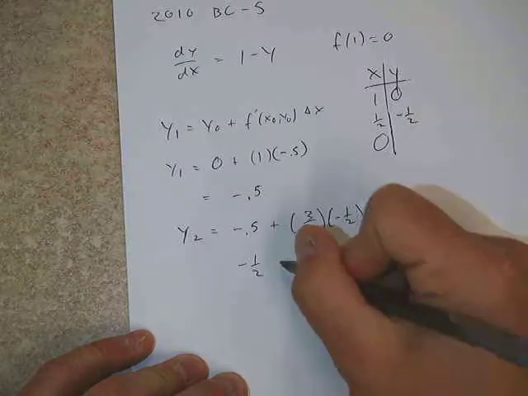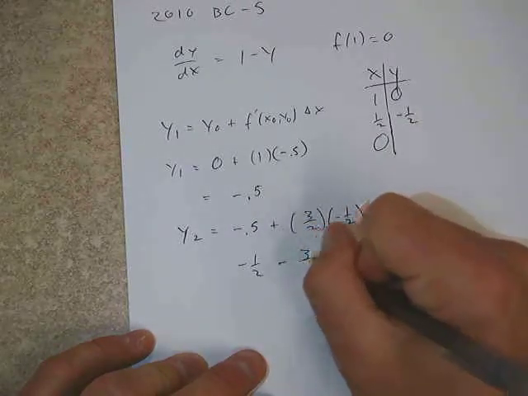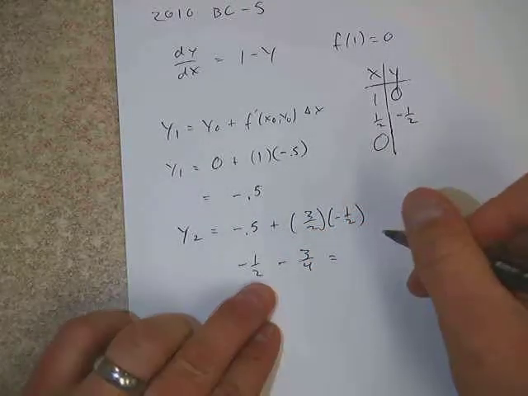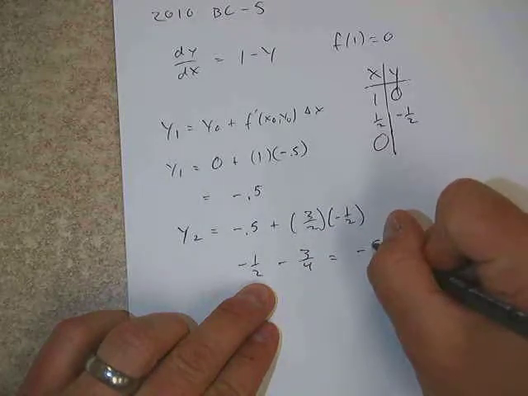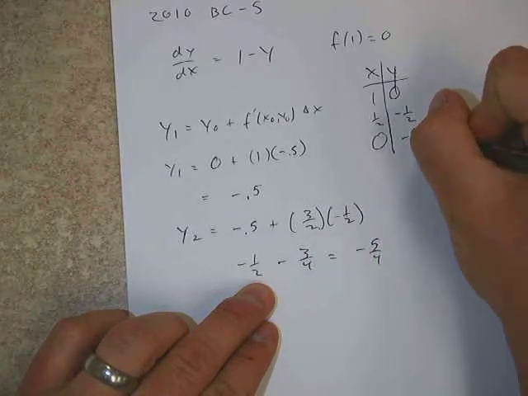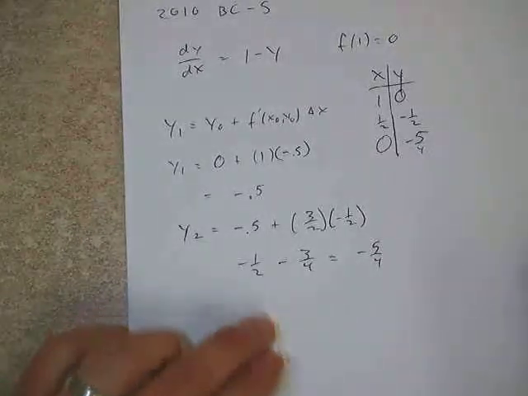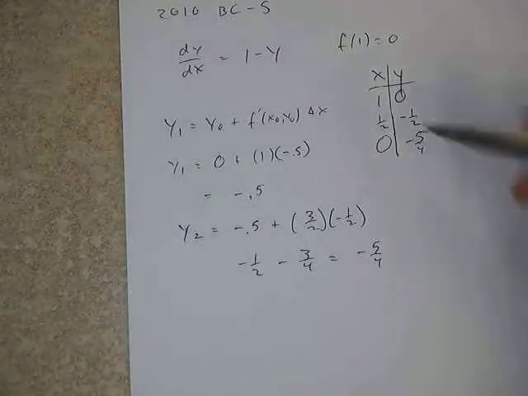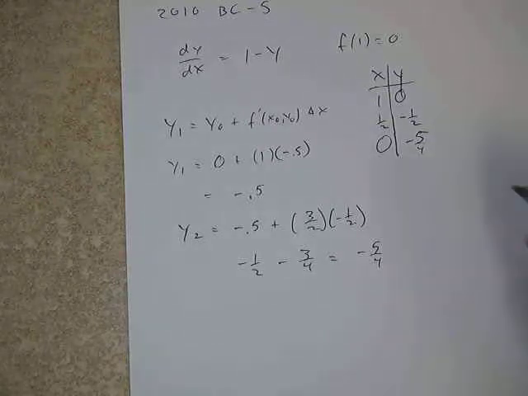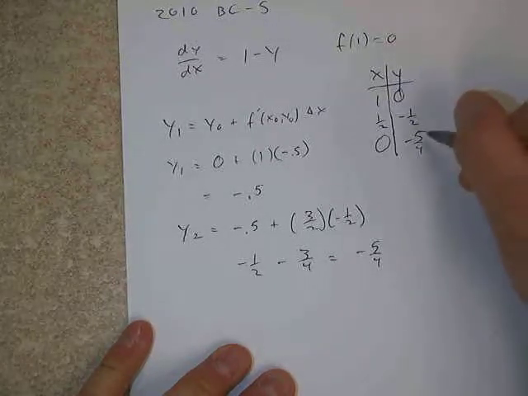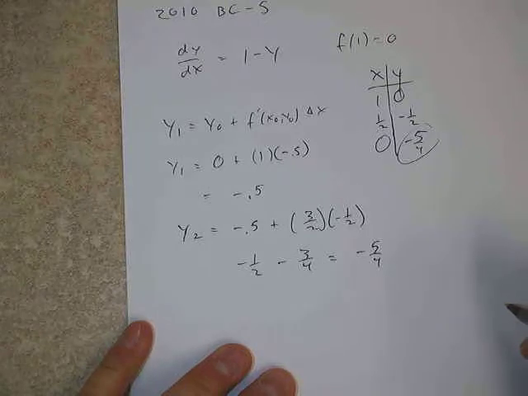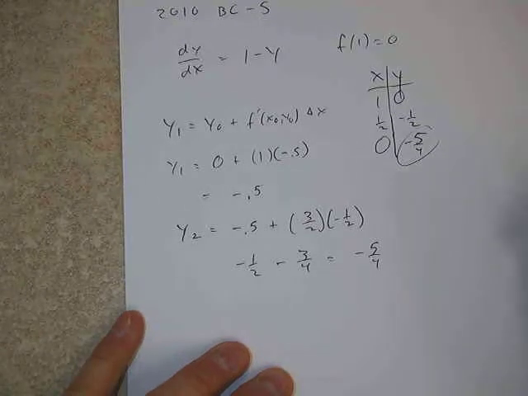And then again, our change is negative 1/2. So we get negative 3/4 here. Adding those together, negative 2/4 and negative 3/4 make negative 5/4. That would be our final y value because we only had to do 2 iterations of the same size. 0.5, 0.5 gets us from 1 to 0 with 2 iterations. So the final answer here is negative 5/4.